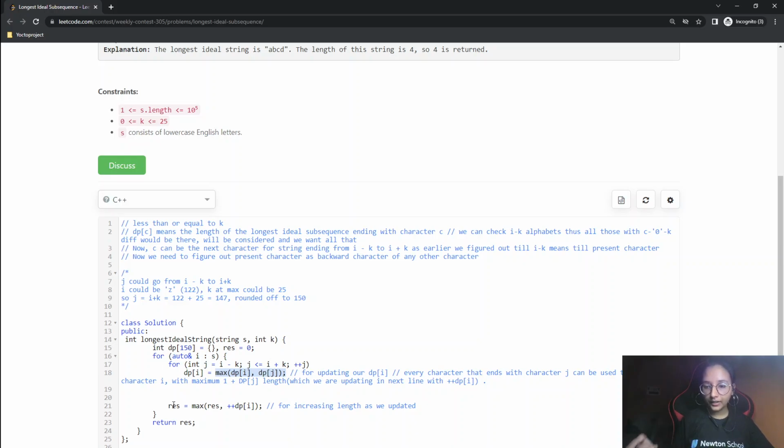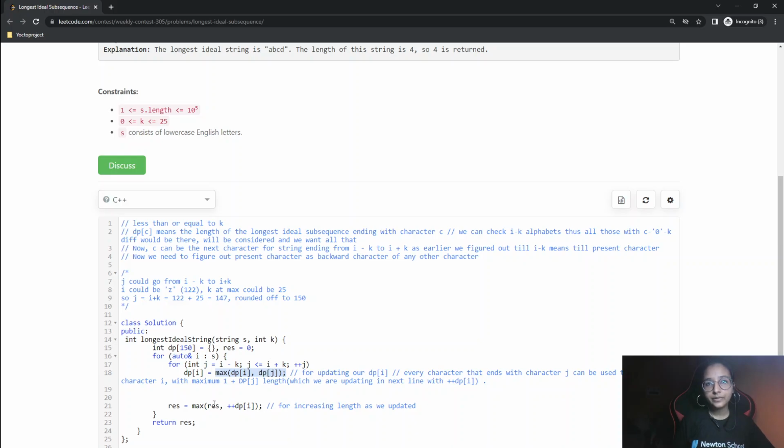And now at the end we need to update our result also, as we have appended one character now, right? So at this point we'll increment with the same, and then check which of them is the maximum, because earlier in the example we were checking which one is the maximum, and we figured out that 4, which was earlier taken, was the maximum one.